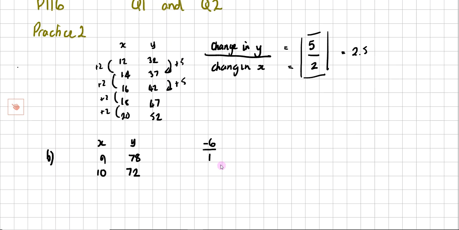But then if I do the next one, I've got 12 and 60. Now that is a change in x of 2, from 10 to 12, and what happens? Minus 12, which is the same thing as minus 6 over 1.